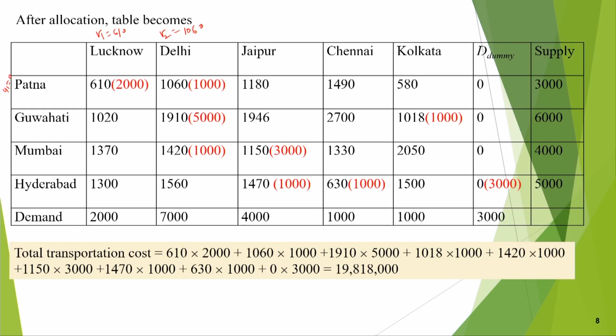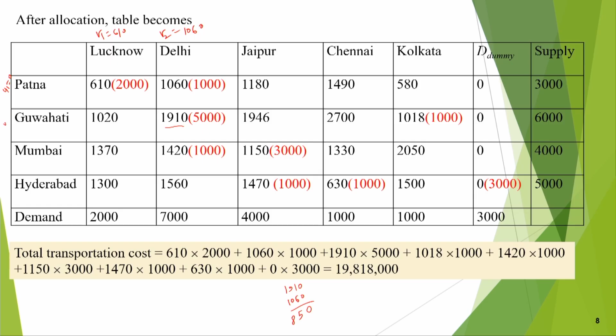From here I can do, say suppose V2 is equal to 1060. So, in the second column you come here and Guwahati. Now, Guwahati Delhi column 1910. So, naturally that 1060 and 1910. Okay. So, you can say 1910 minus 1060, so 850.